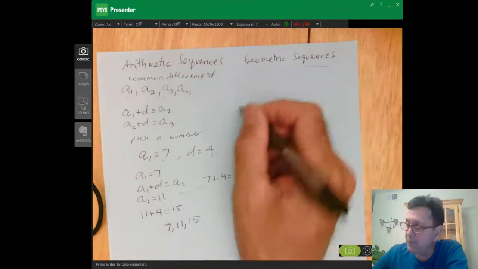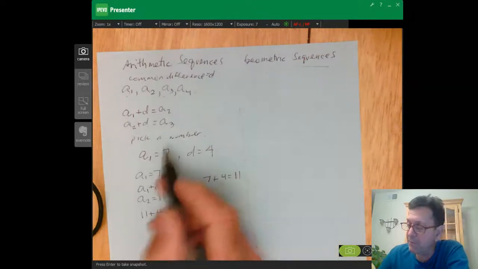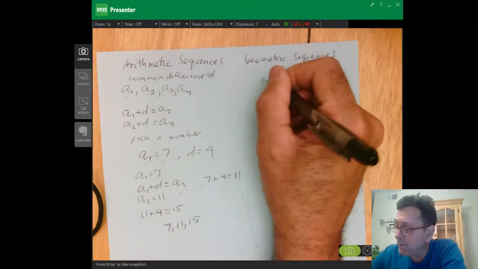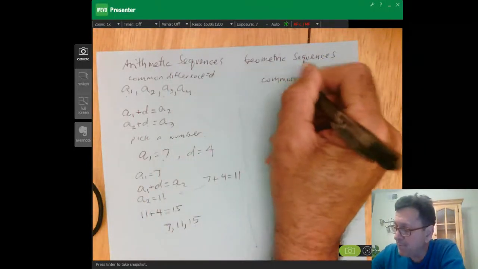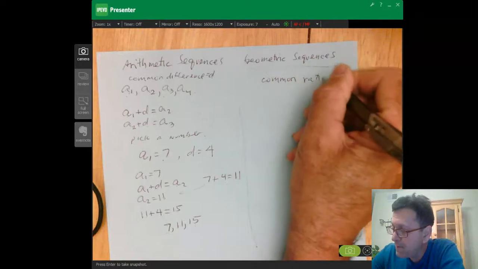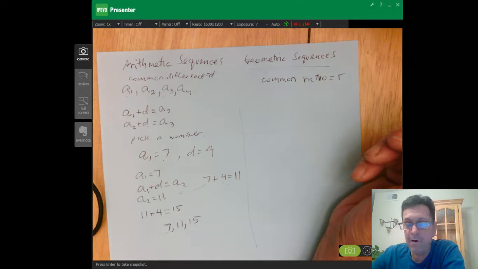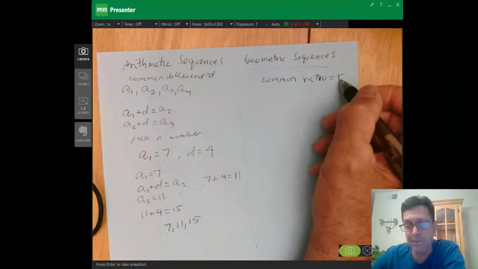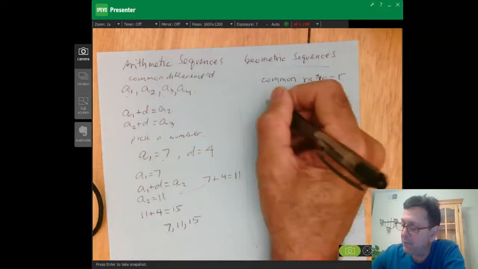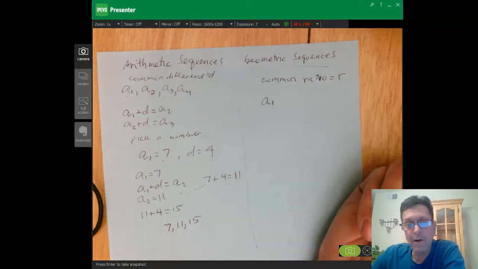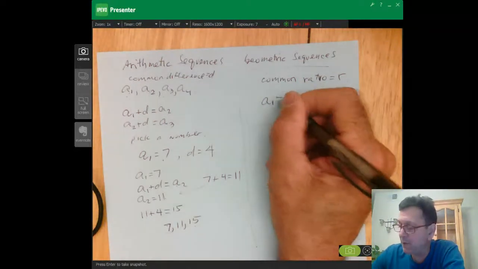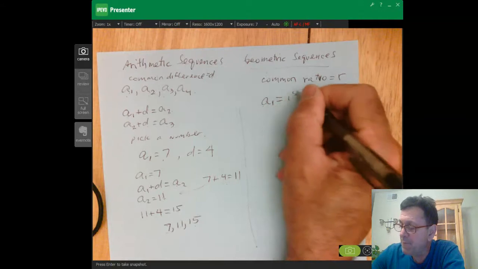A geometric sequence is similar, but instead of a common difference, we have a common ratio. And that common ratio is going to be denoted by R. So that's what we're going to use to represent the common ratio. And in this case, we'll still start with our initial value, our first term.